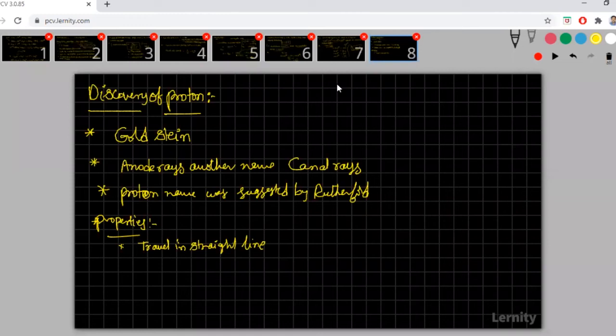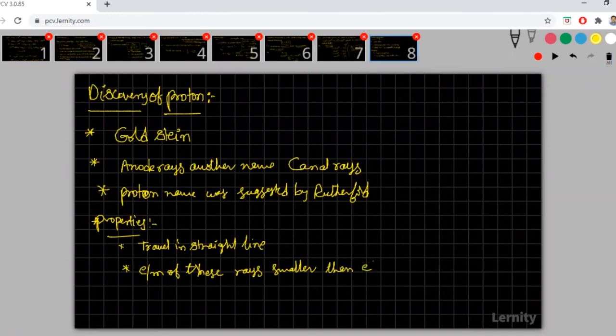And the next important point: E by M of these rays is smaller than E by M of electrons.